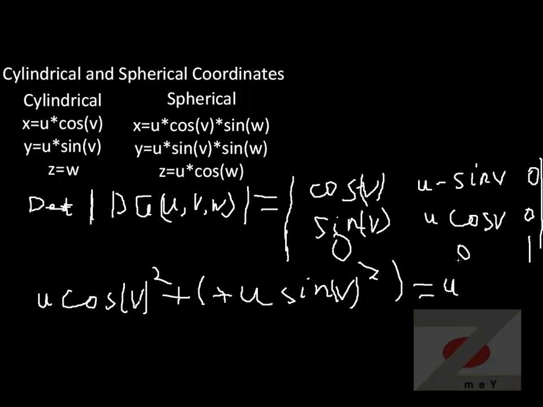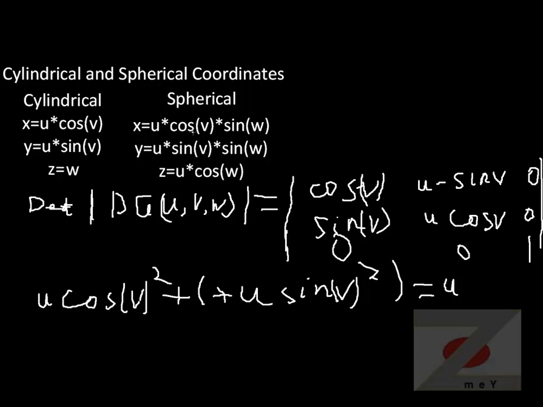So if you remember, when you do cylindrical coordinates, you have to multiply the function by r dr dtheta dz, right? In our case, we have u instead of r. It stands in for the radius here.